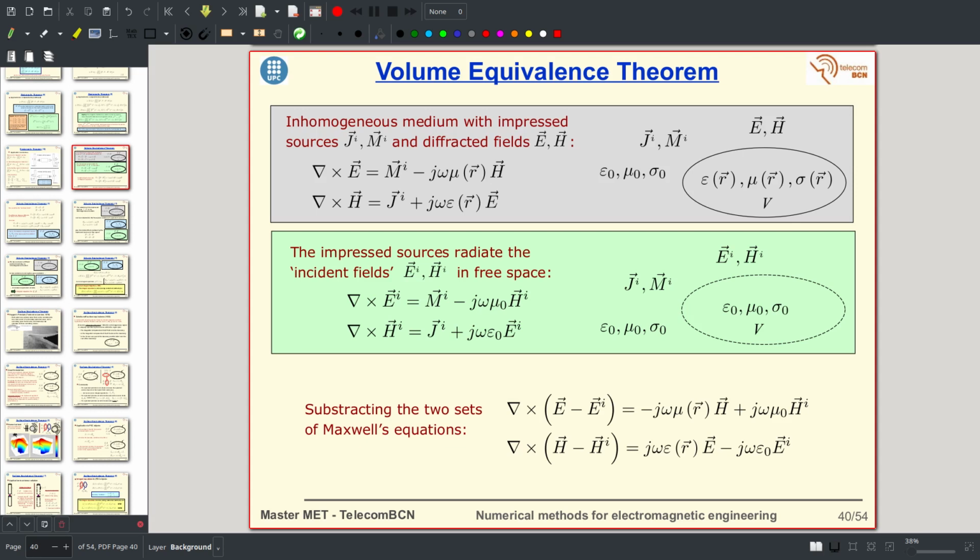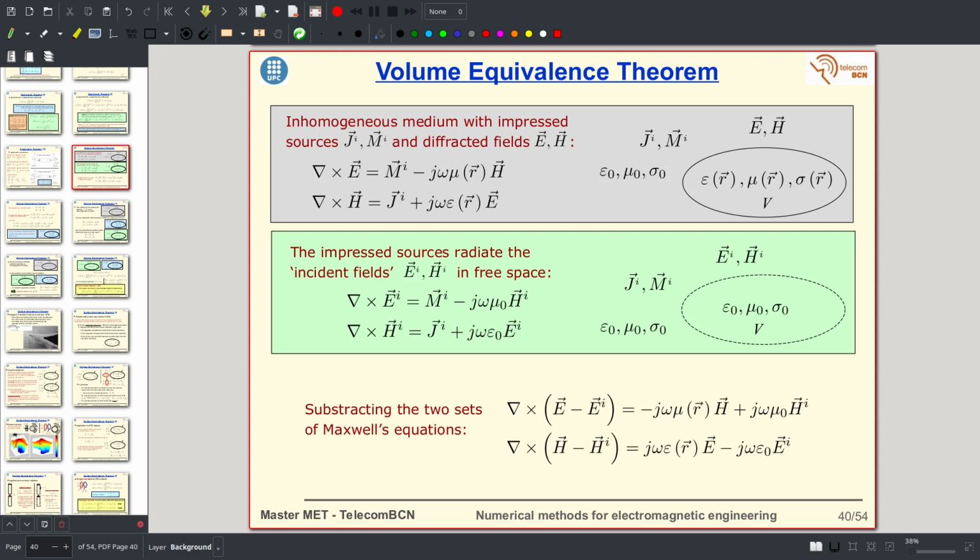Okay, but in practice we have to solve problems in which space is not homogeneous. We have an antenna with some shape, we have an object that diffracts field. For example, a typical problem that we will address in chapter 4 is radar cross-section, which is the computation of the fields reflected by a radar target back to the radar.